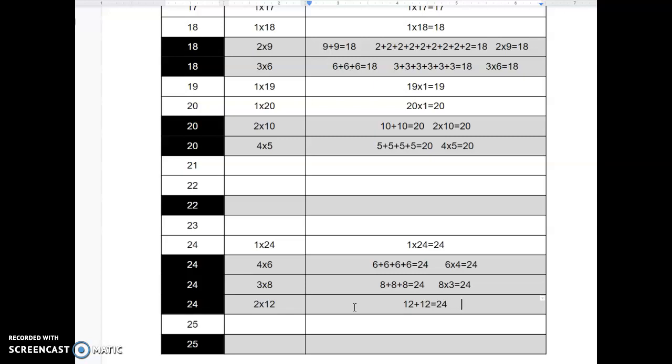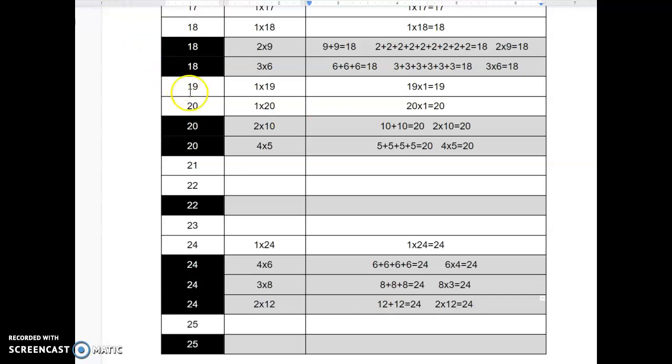We can also show our 2 rows of 12 by saying 2 times 12 equals 24. We see a row of 12 twice to equal 24. You may have thought of some different equations for all of these rectangles. We were thinking about the rows. You may have been thinking about the columns. Either way works.